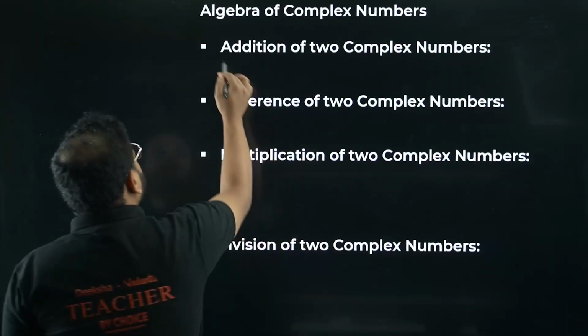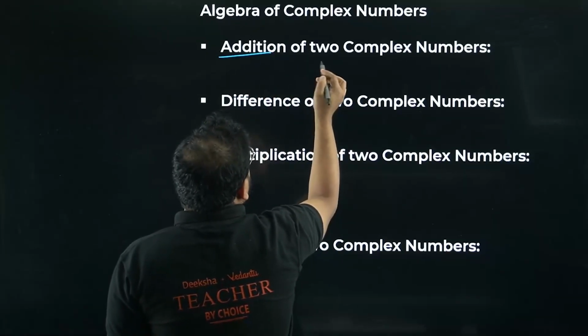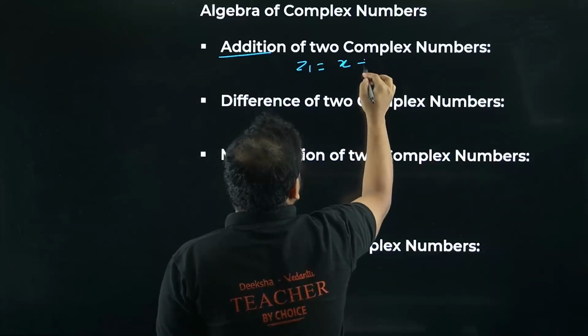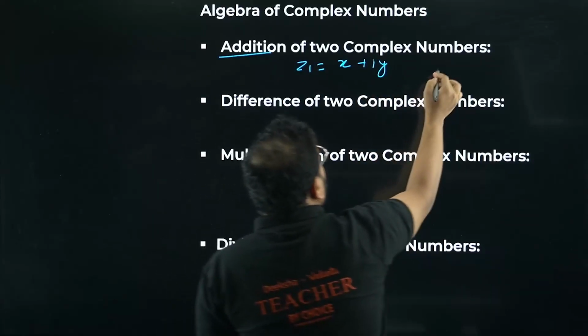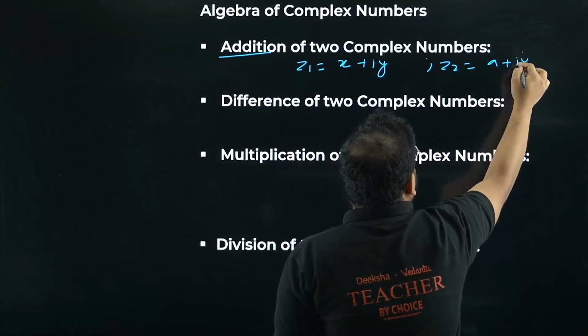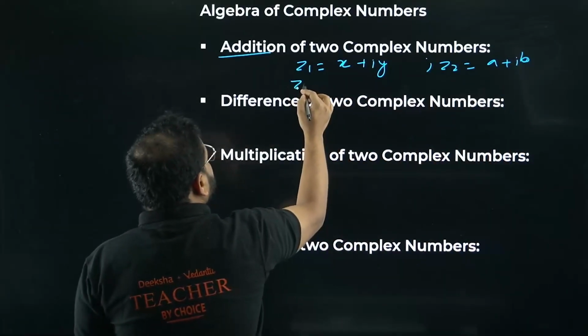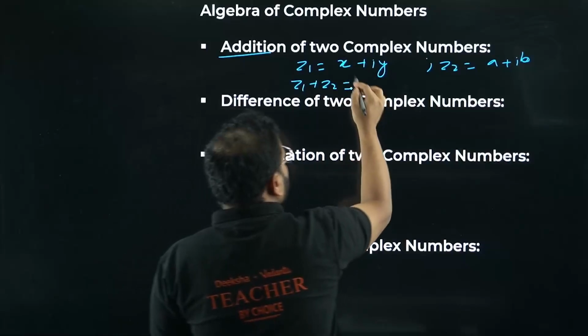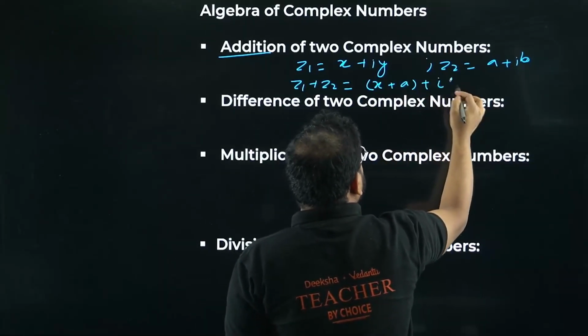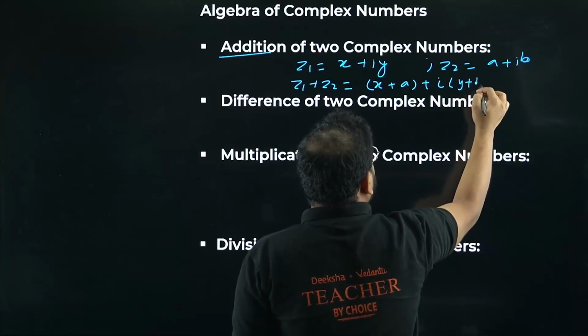Moving on, algebra of complex numbers. First one is addition. Let's say I have two numbers, z1 equals x plus iy and z2 equals a plus ib. Then z1 plus z2 equals x plus a plus i times y plus b.